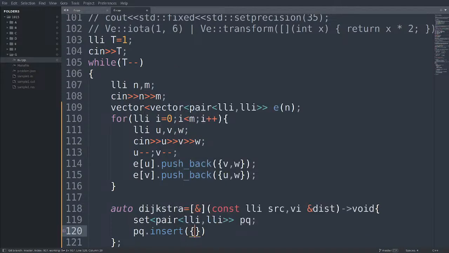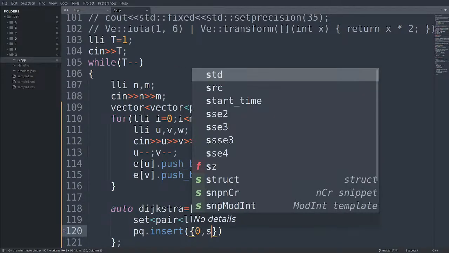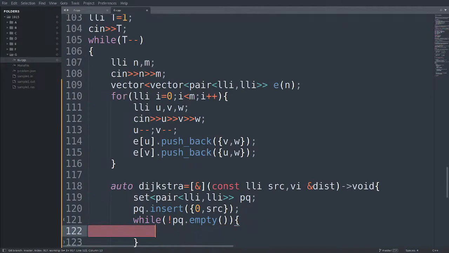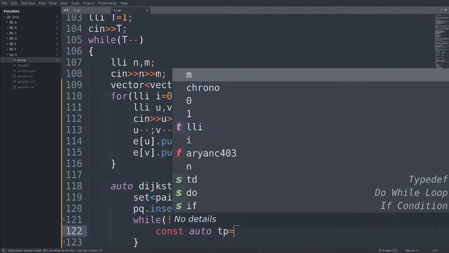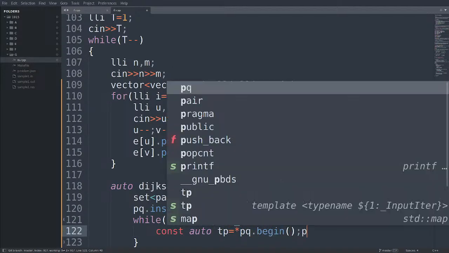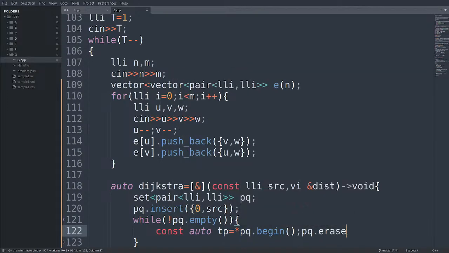I first put the source, which is at distance 0 from itself, while the priority queue is not empty. Constantly pop the first element, or probably we can call it top. Remove it from the priority queue; because I'm using a set, I use erase.